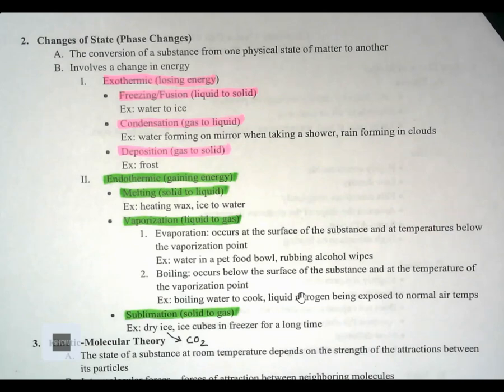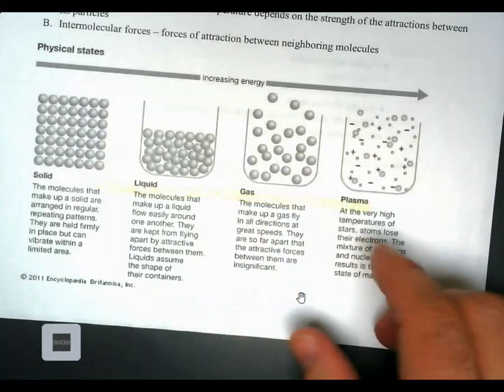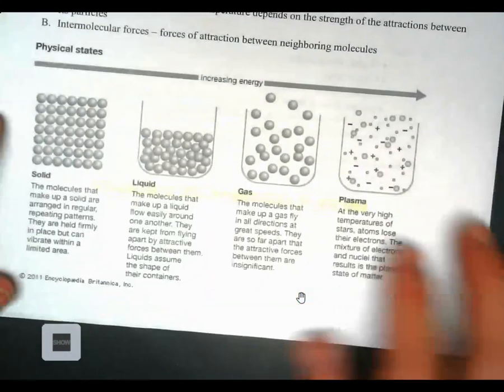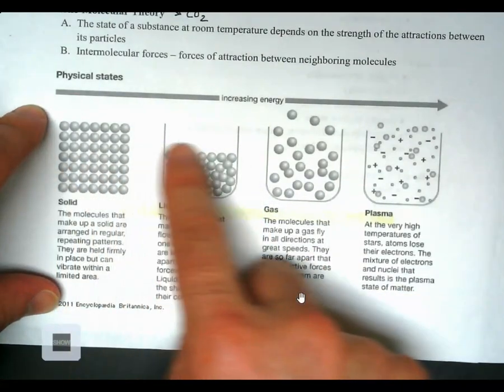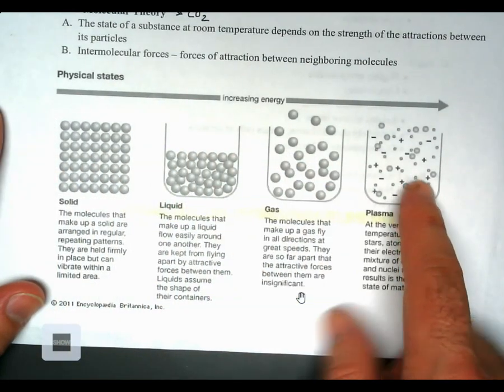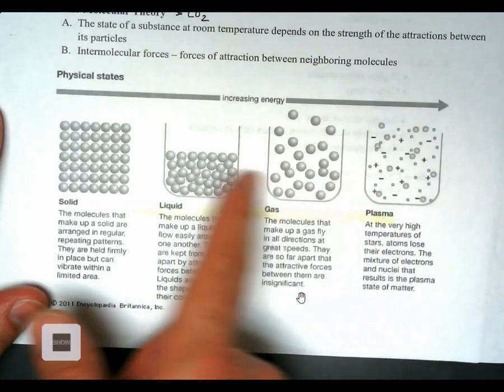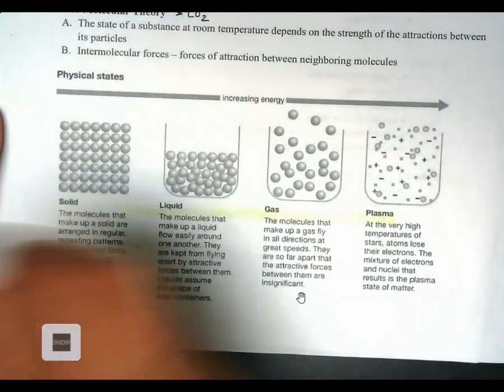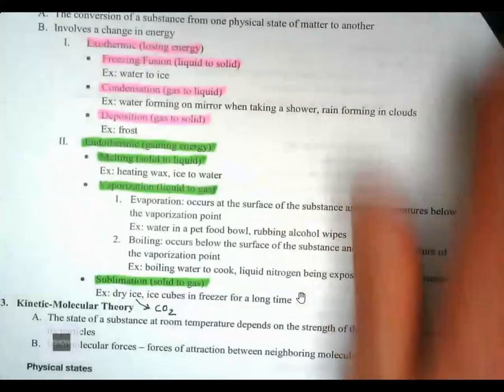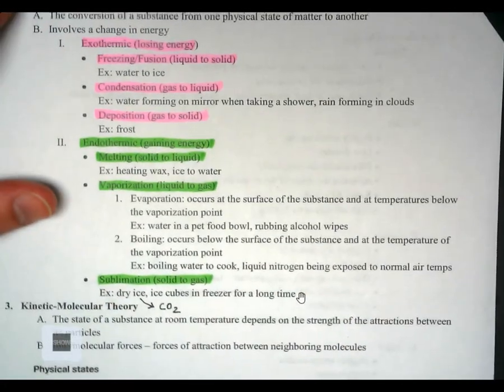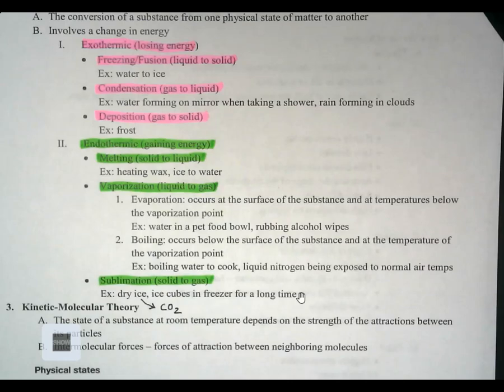All that is happening is the molecules are either moving faster and getting further apart, or they're moving slower and getting closer together. But it's the same substance. All right? So we have 6 state of matter changes. We've categorized them by what's happening to the energy.